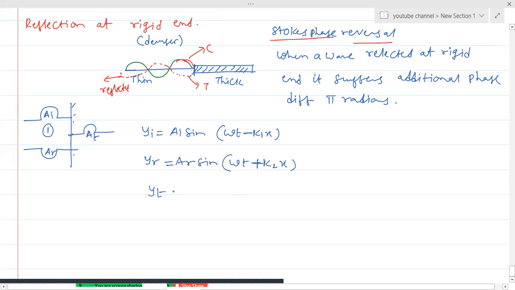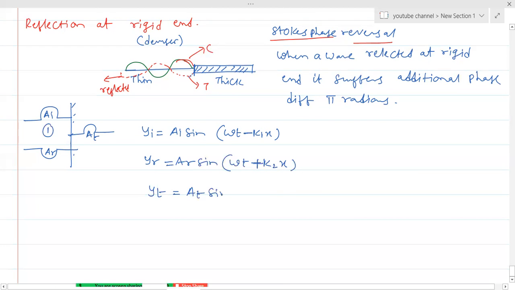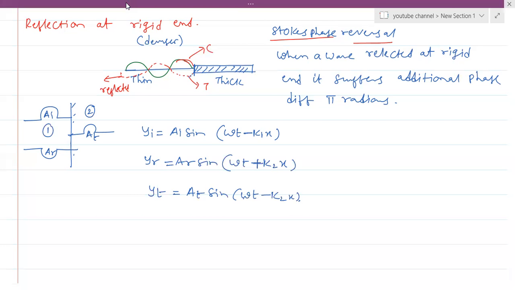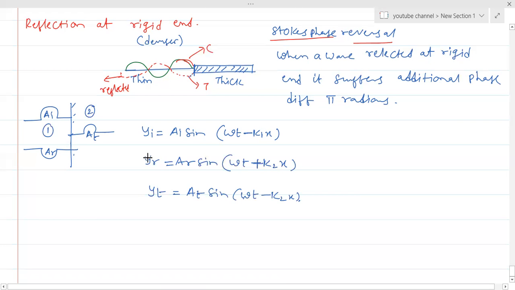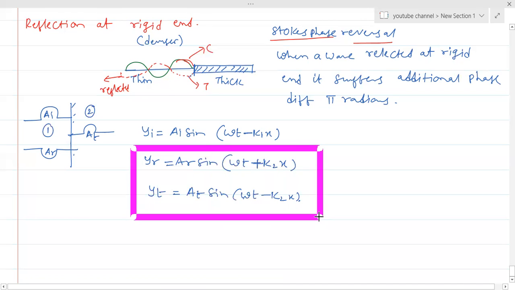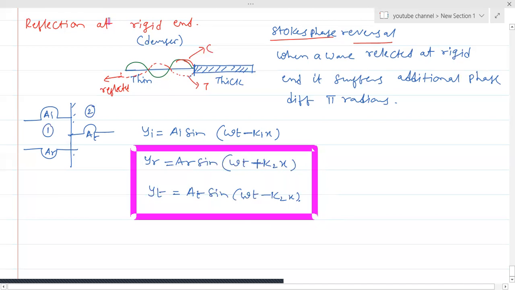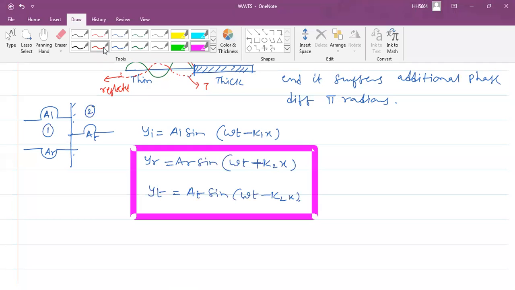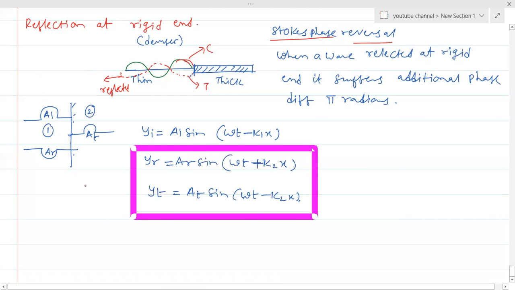When we think of the transmitted wave, Y_T equivalent to A_T into sine, the wave travels from the first medium to the second medium. So A_T into sine omega t minus k2 into x. We need to understand this. This is very important. So this is about reflection at free end and reflection at rigid end.